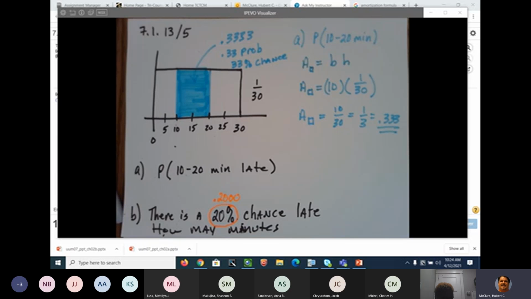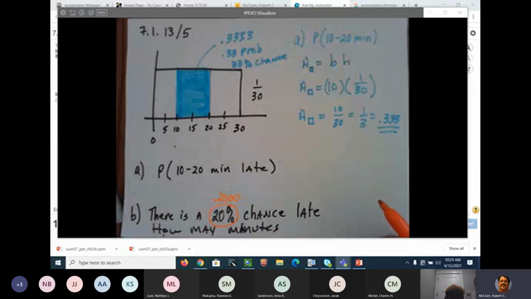Z-score. What did I tell you 4 digits were? Four decimal points. Four decimal points are... Should be in your notes from Friday. It's probability. Probability or area, yes.